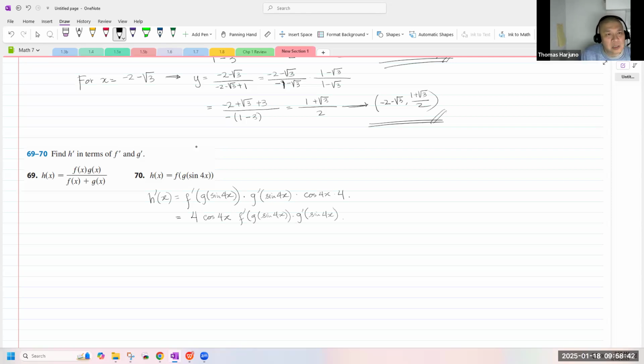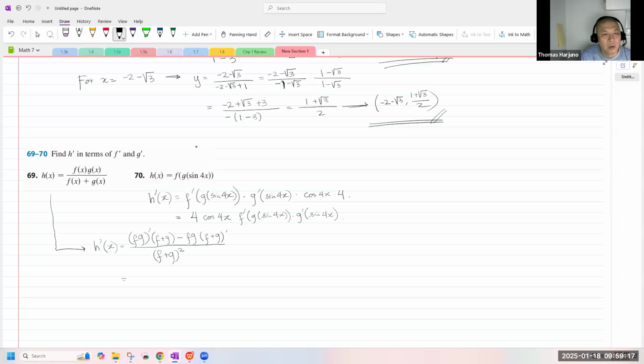Okay, let's try number 69. I tried to skip that, but I think doing this problem may give us some maturity. Okay, I will do quotient rule here. The quotient rule has the denominator f plus g squared, right? On the top, I will have fg prime times the denominator minus fg times the derivative of the denominator.